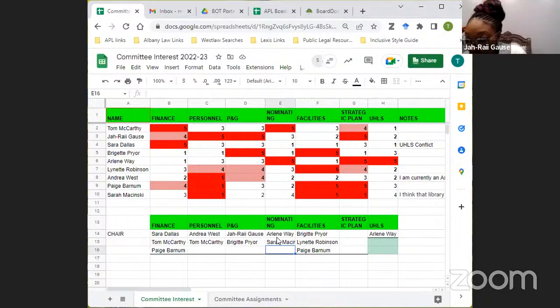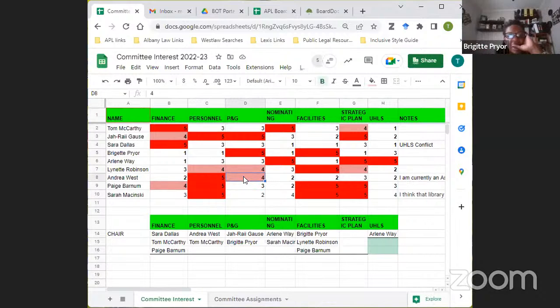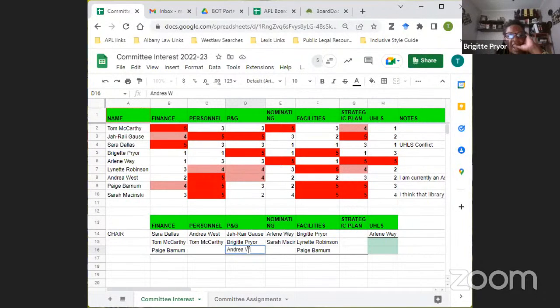So for P&G, I think Andrea would be a good fit, because she had that as a 4. That was her second highest, and she made a note in the questionnaire that her experience would be good for that committee.